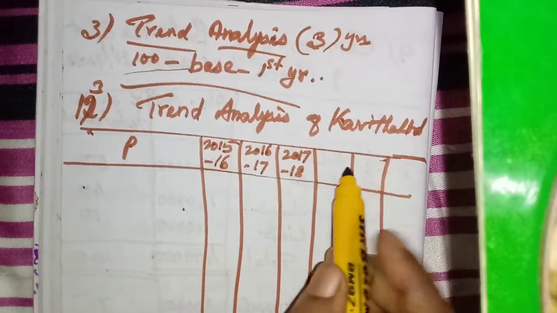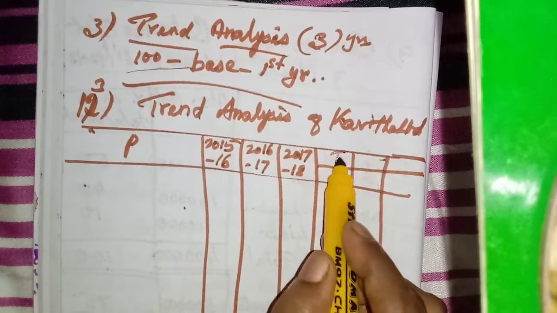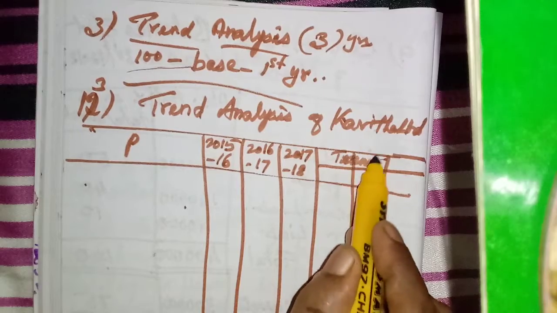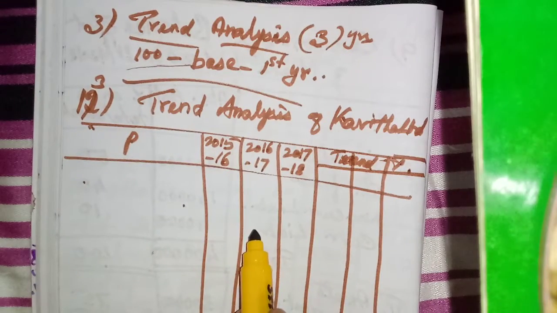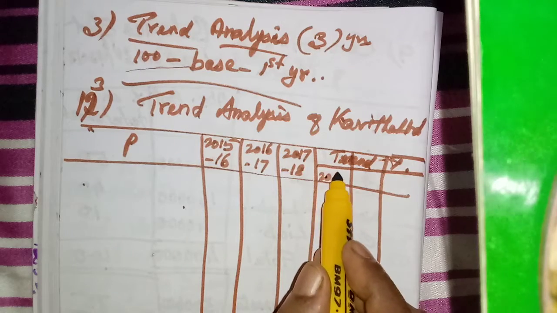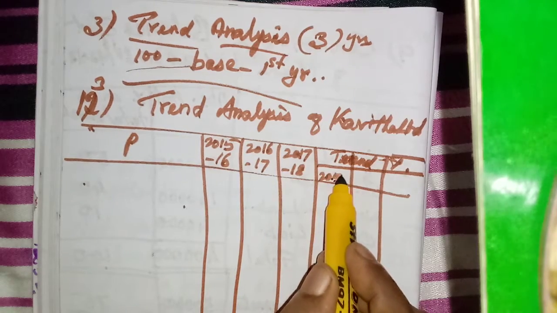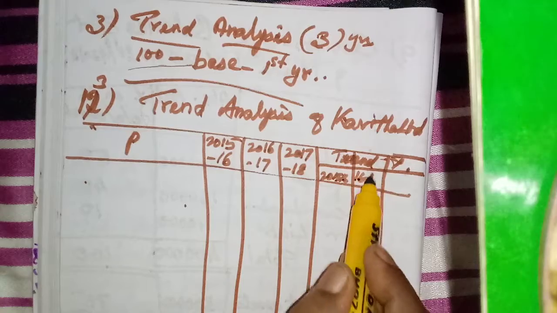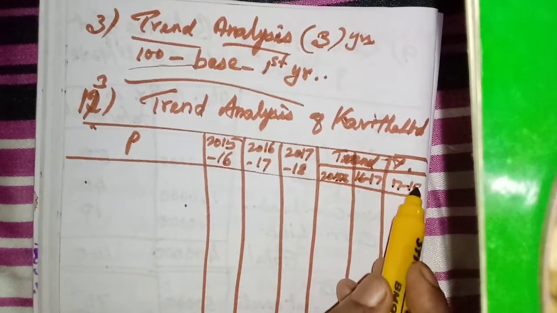Then this is trend percentage, again 2015-16, 2016-17, 2017-18.